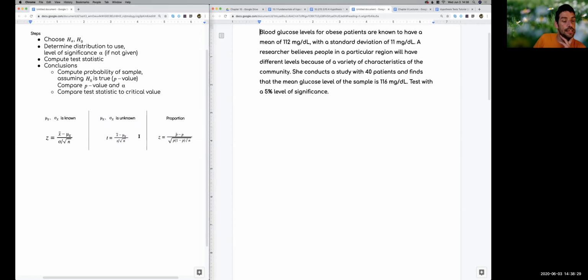And then once we compute this test statistic, we then compare it to alpha. There's a couple different ways to do that. I'll do both ways over the course of these examples.